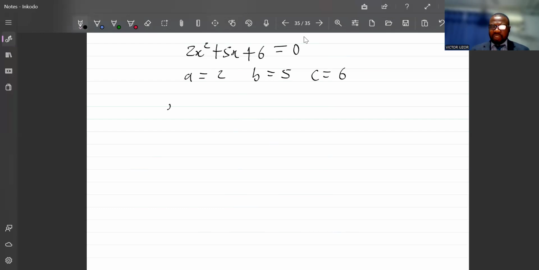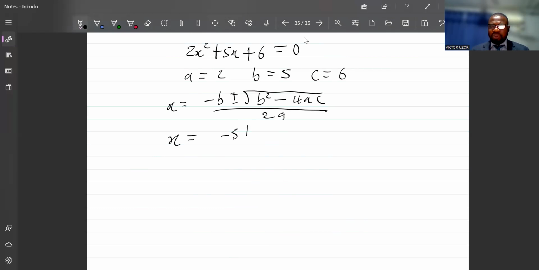Applying the same method, x is equal to minus b plus or minus square root of b squared minus 4ac over 2a. I'm going to be a little bit fast on this. If I input all the variables here, I'll have minus 5 plus or minus square root of 25 minus 4 times, oh sorry, the equation is not complete.